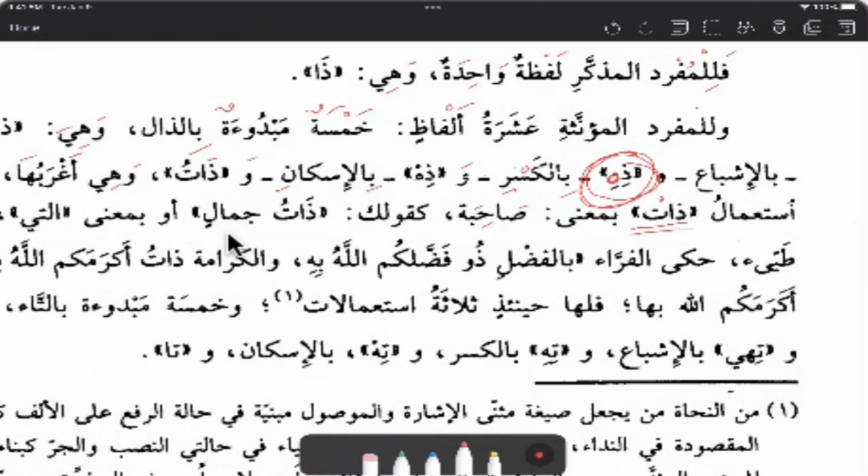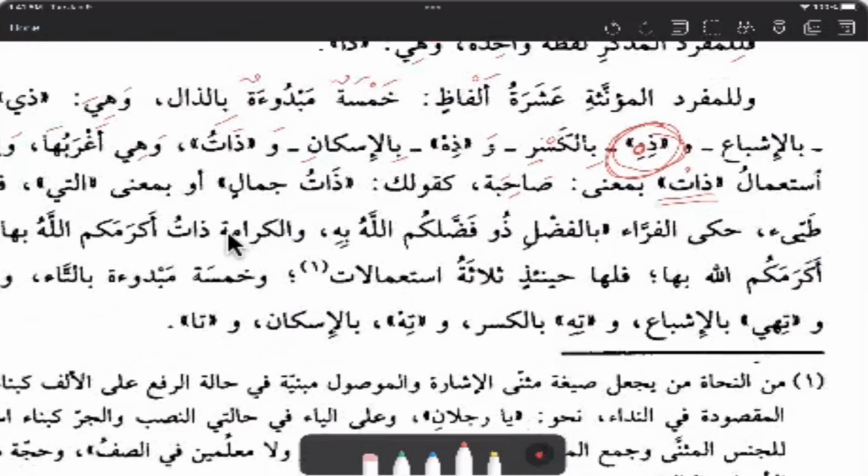And you can put it in different places, and then the translation is going to come out different. So the one who has, or the one attributed with something. He's saying the famous usage of that is as the feminine of dhu, one of the five nominals, al-asma' al-khamsa.